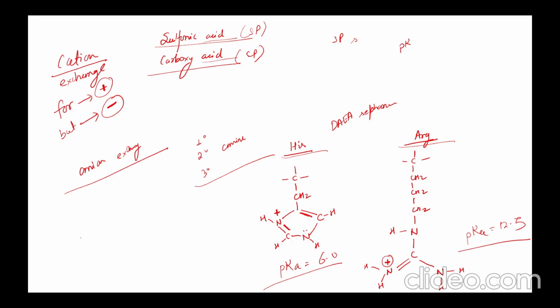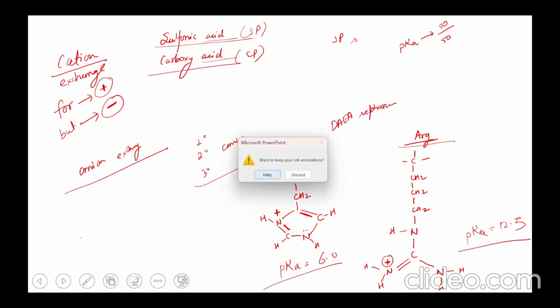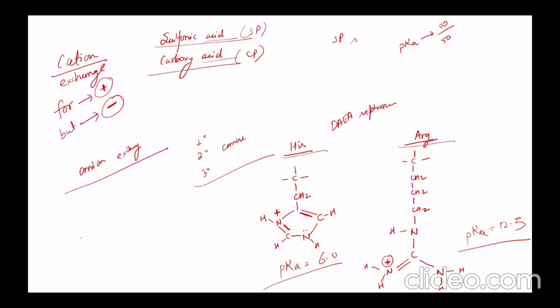So at pKa you will get 50% protonated form and 50% deprotonated form.